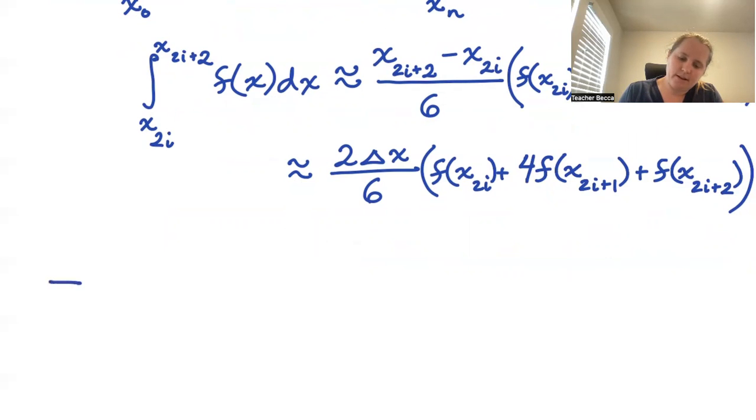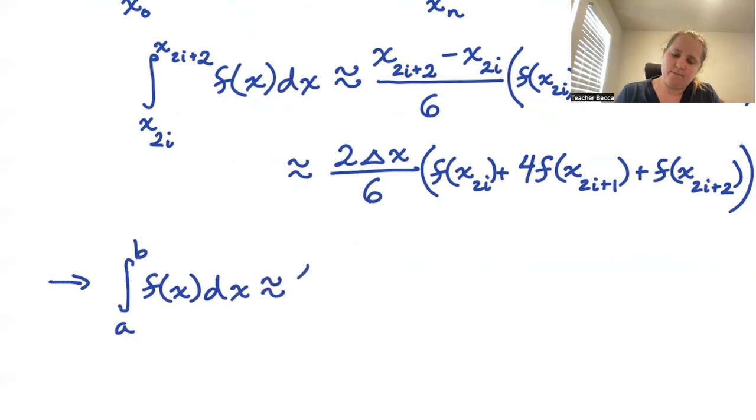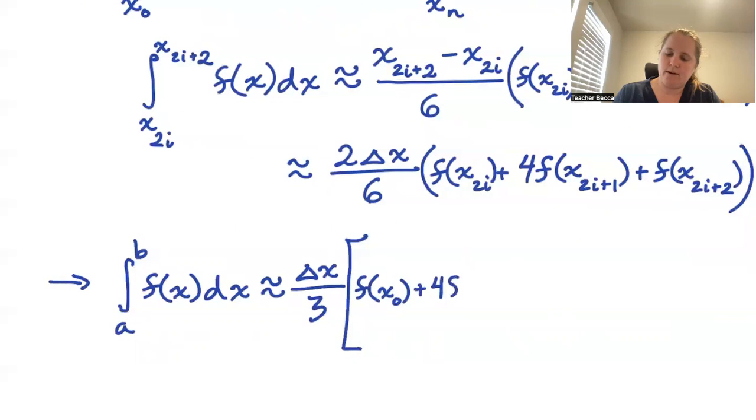So putting these all together, we have the definite integral from a to b of f(x) dx is approximately delta x over 3 times, we would have f(x_0) plus 4 f(x_1) plus f(x_2). That's our first parabola.